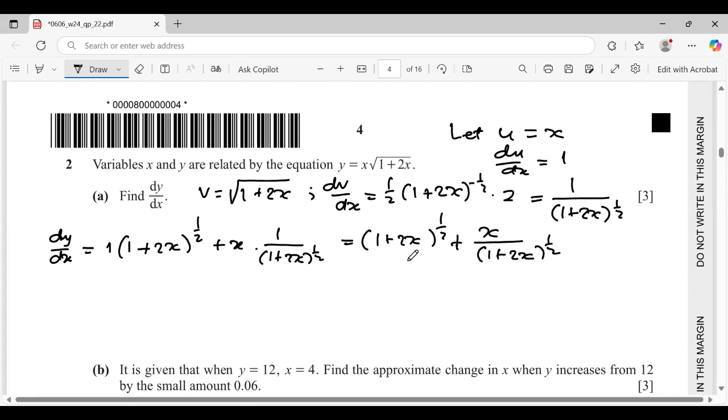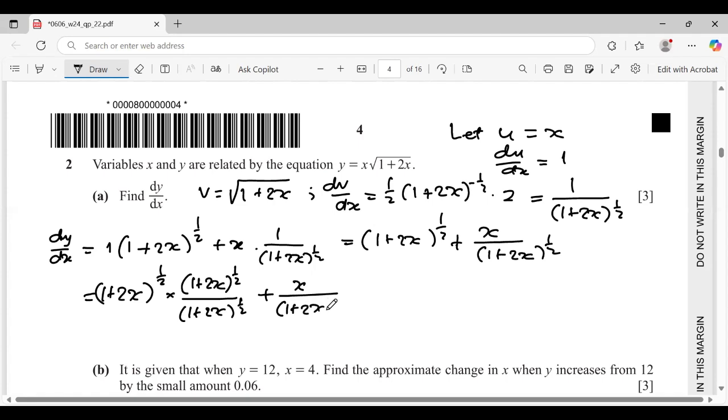And I would like to set this over a common denominator like this: (1 plus 2x) to the power 1 half times (1 plus 2x) to the power 1 half over (1 plus 2x) to the power 1 half, plus x over (1 plus 2x) to the power 1 half.